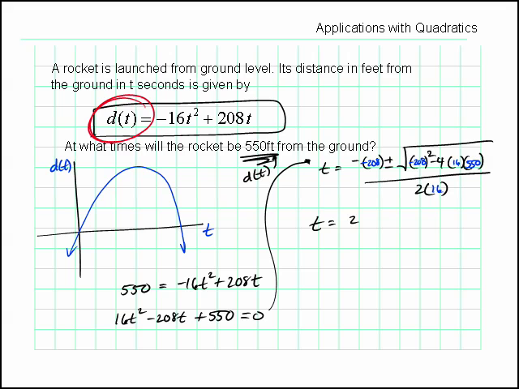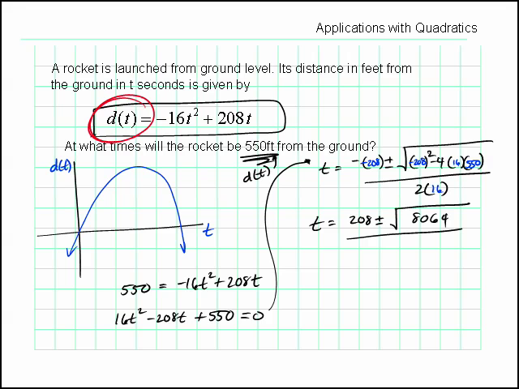This is going to work out to be 208 plus or minus the square root of, let's see what we have in our square root sign, 208 squared, and then minus 4 times 16 times 550. Oops. Try that again.